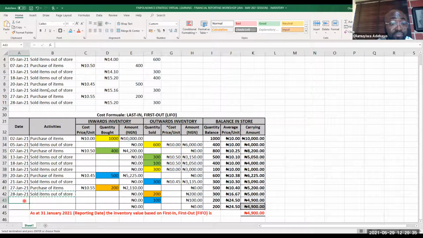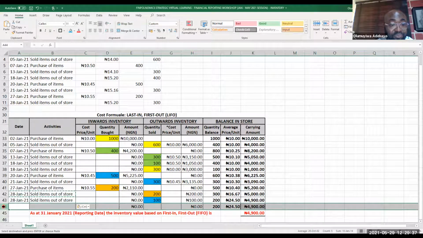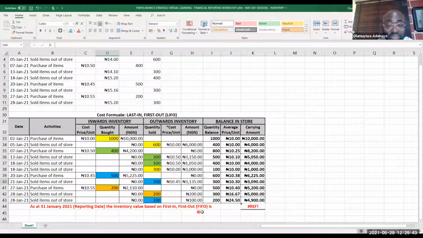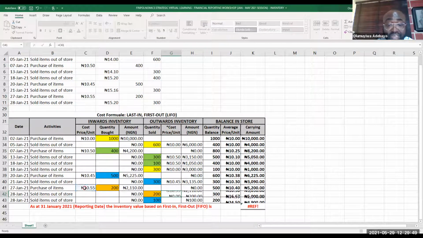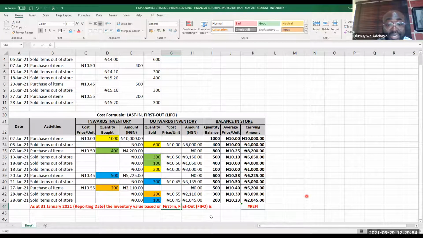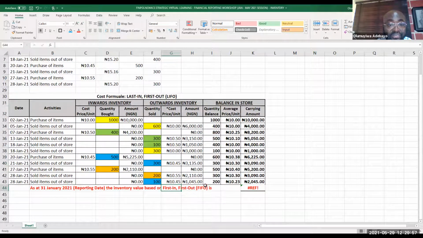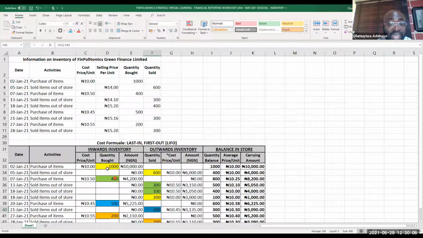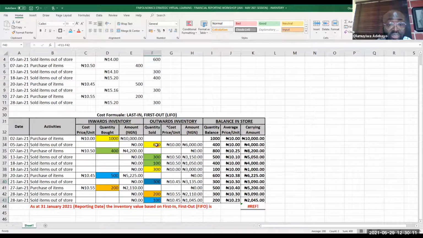At the end of the day, what do we have? I've not put the price. The price of batch of orange is 10.55, and the price of batch of blue is 10.45, which means at the end of the day, the 200 that is left is 100 left from the batch of blue, because we have only taken 400 from the 500, and 100 left again from the batch of yellow, because we are only able to take 900 from 1,000.